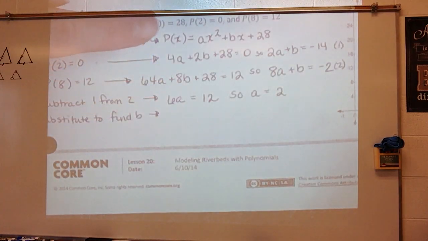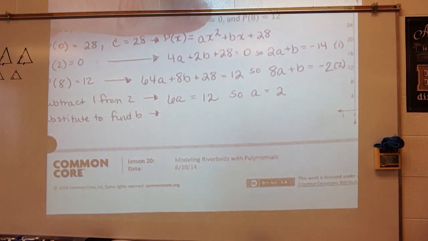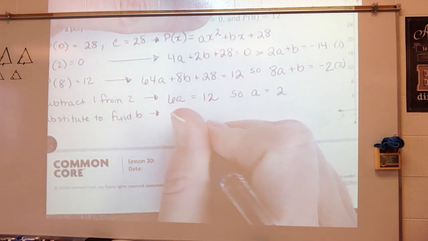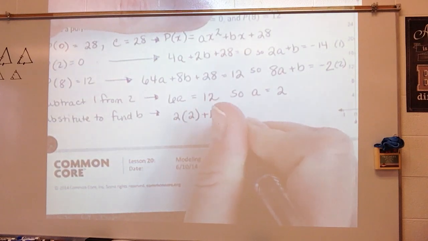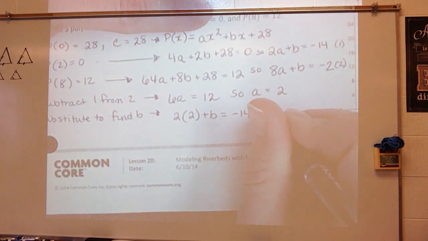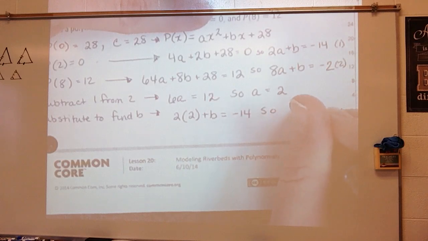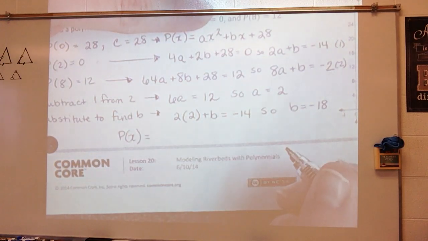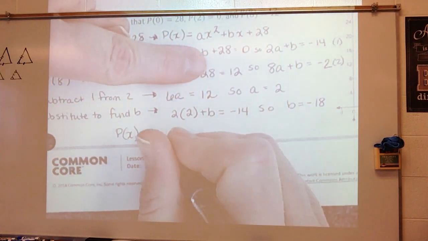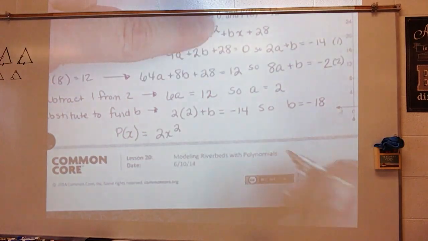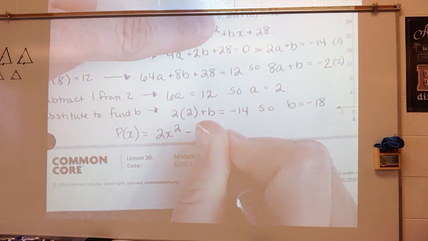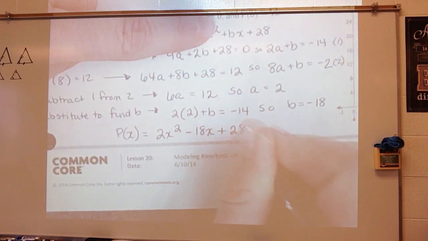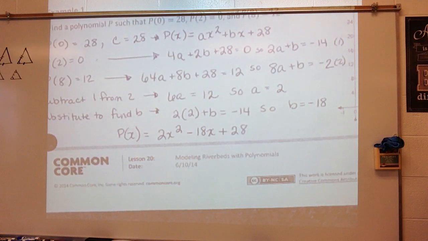I know what a is. A is 2. So I have 2 times 2 plus b is equal to negative 14. When I do that, b is equal to negative 18. So my equation would be p of x is equal to 2x squared minus 18x plus 28.